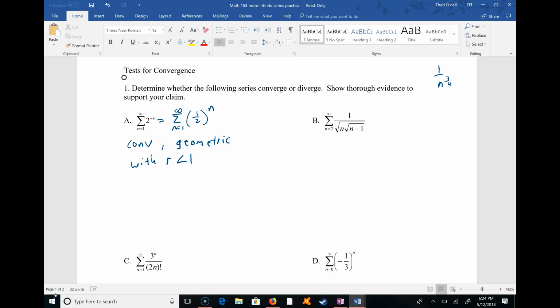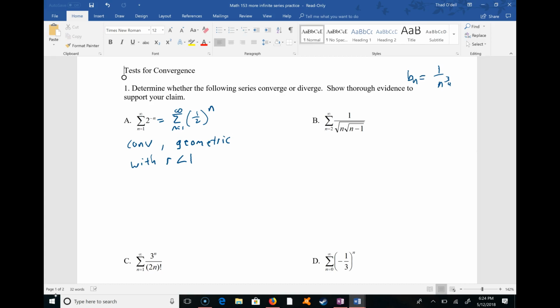So part B, this one is a little bit interesting. As far as handling this thing underneath, it's not a p-series, but it's like a p-series, so we'd probably use the limit comparison test here. And what I compare it to is b sub n equals 1 over n to the 3/4.